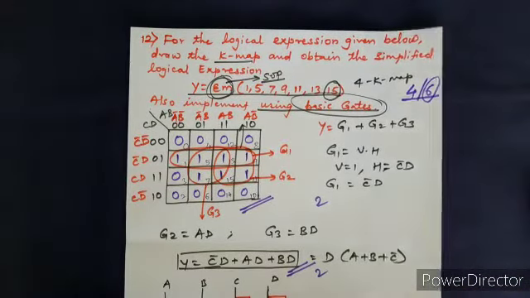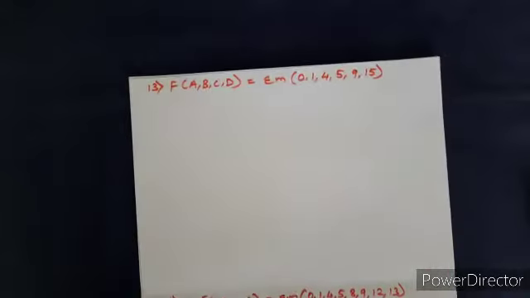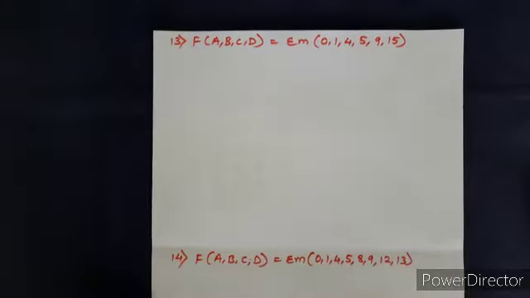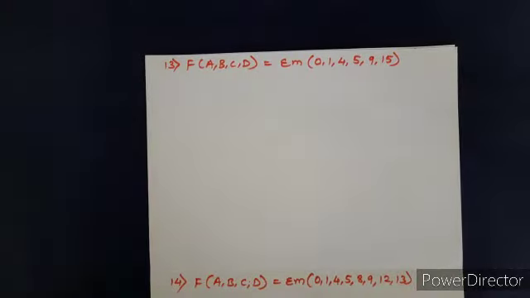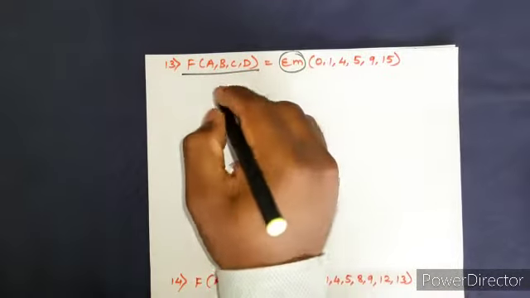Okay, and then we have these examples. So you can very quickly go through this example, since it is 4 variable and SOP.